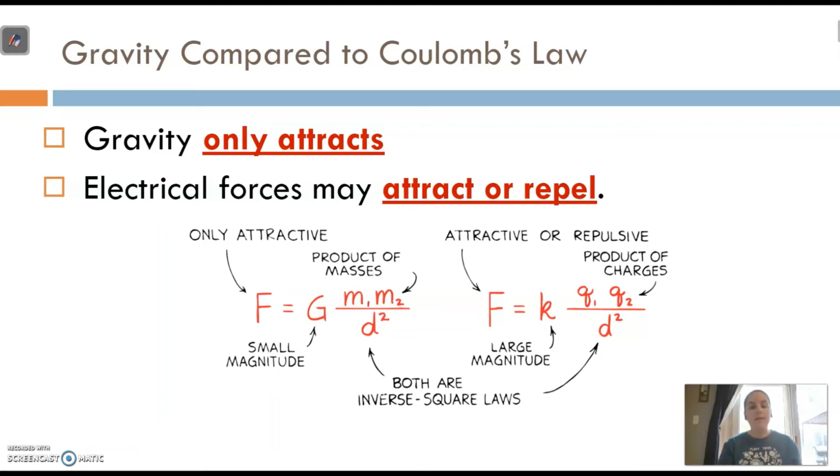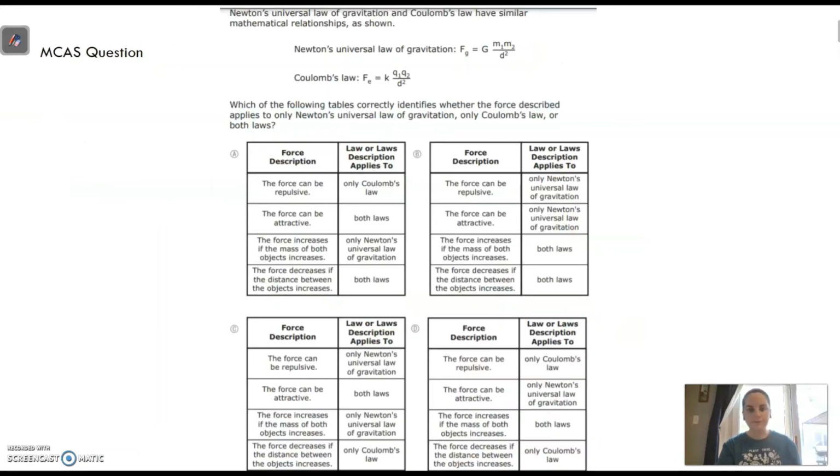Also, k is a really large constant. That means k is going to create a larger electrical force, which means our electrical forces are stronger than our gravitational forces. If you think back to the universal constant of gravitation, it's really, really small.